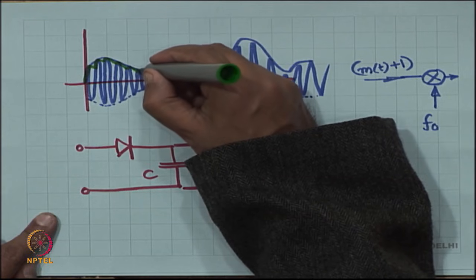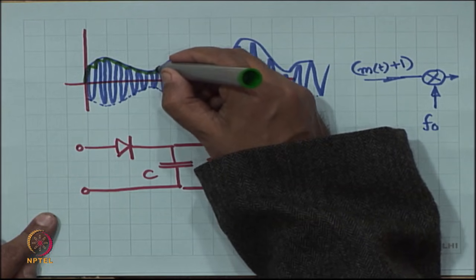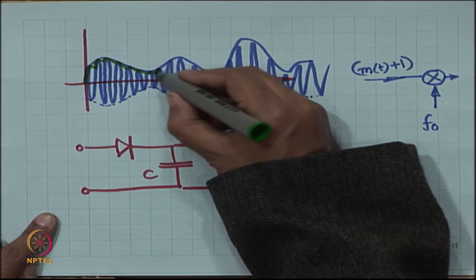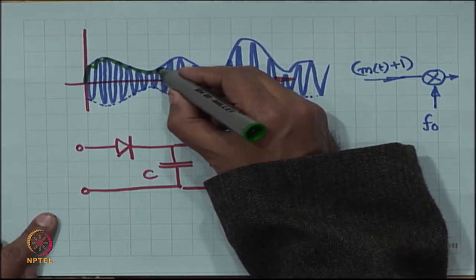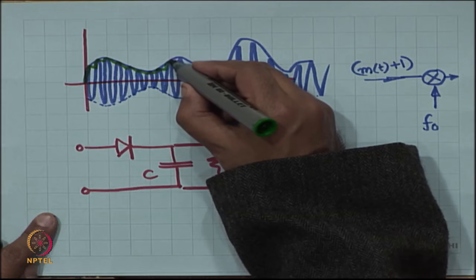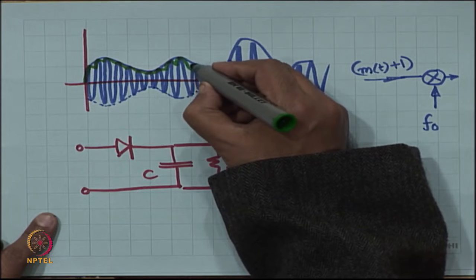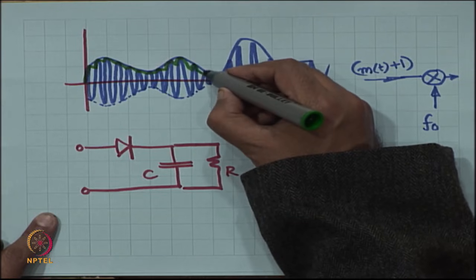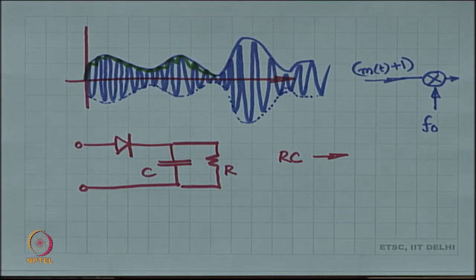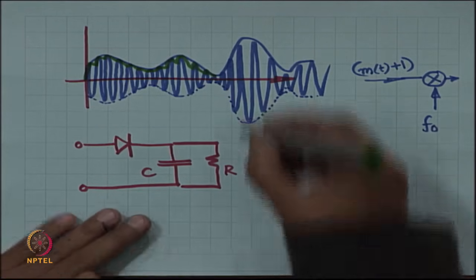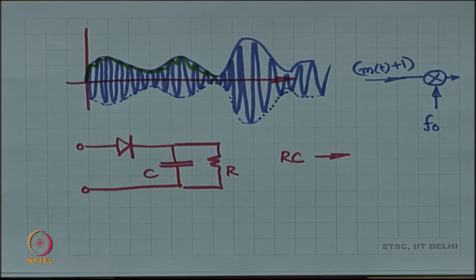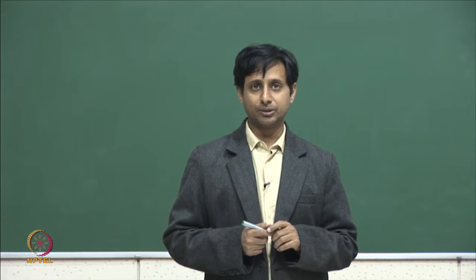Overall what you see is it is more or less going to work out the envelope of the signal, and that is the message. So, you have kind of worked out the message signal.